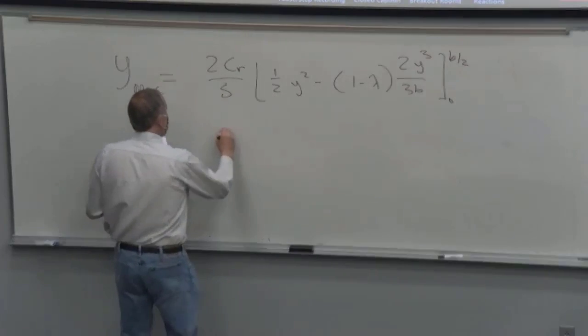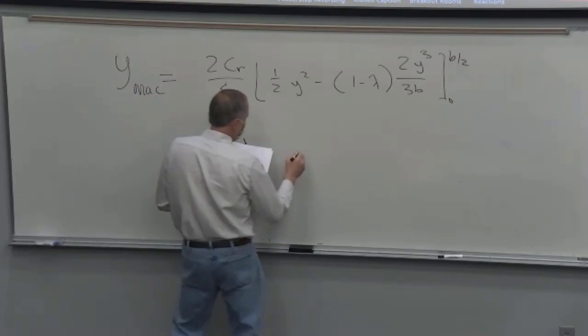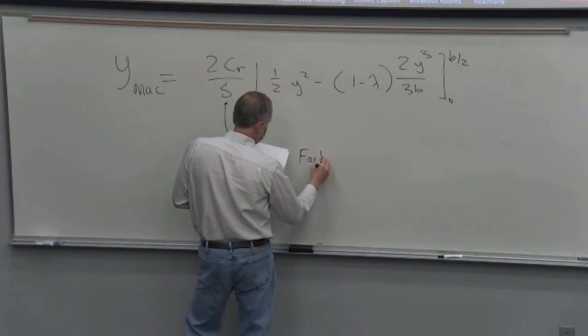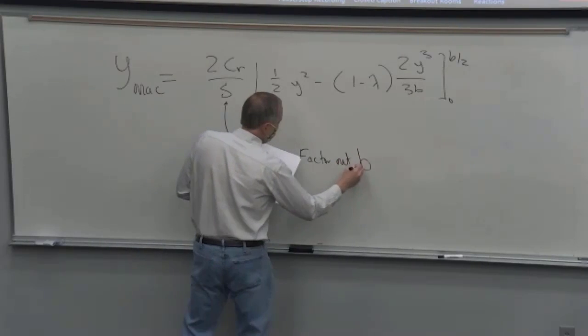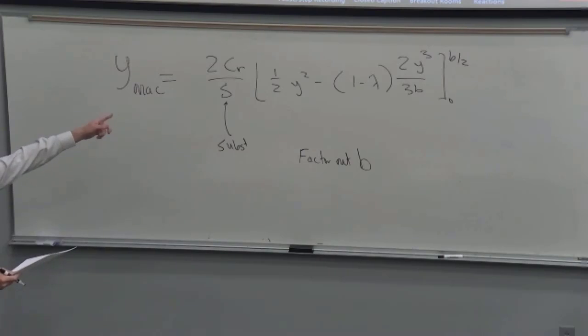And then again, you'll have to substitute in for S. And then along the way, you're going to have to factor out a B. And remember, lambda is the ratio of the tip chord to the root chord. So you'll have to rearrange things to get that in there.